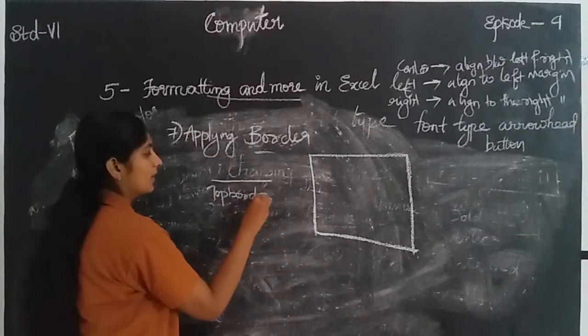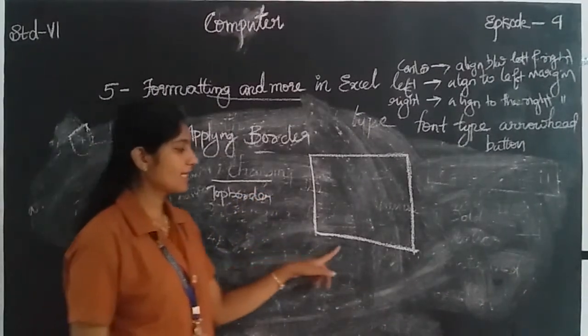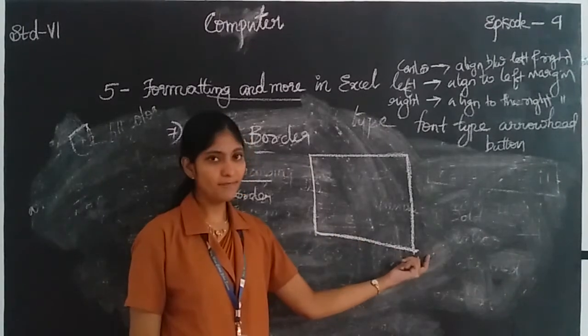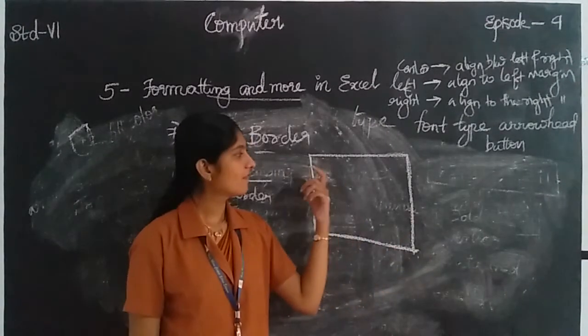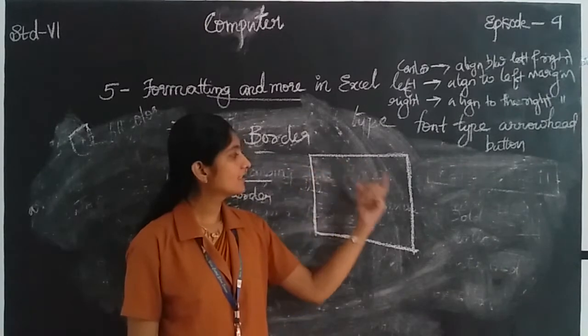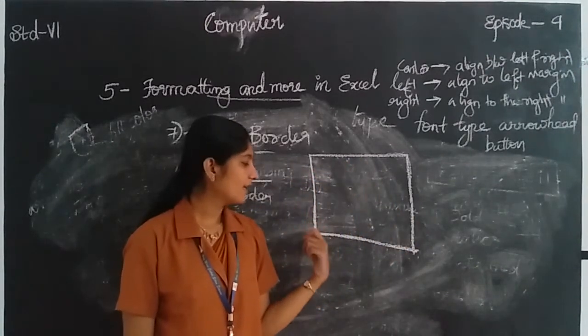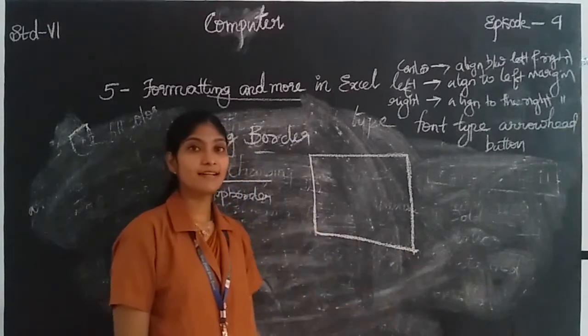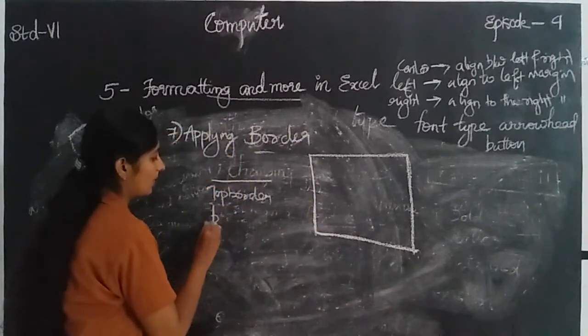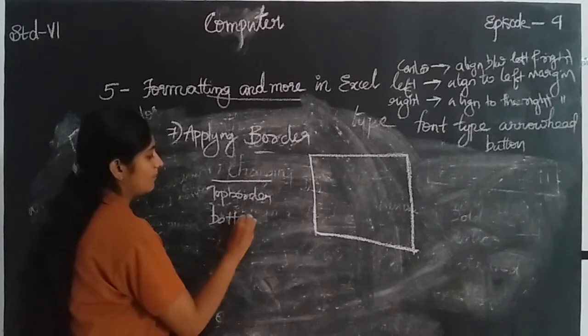Then you can select bottom border. Bottom border means we can avoid another three borders, that means left side, right side and top border. Only you can see the bottom border. That is bottom border.